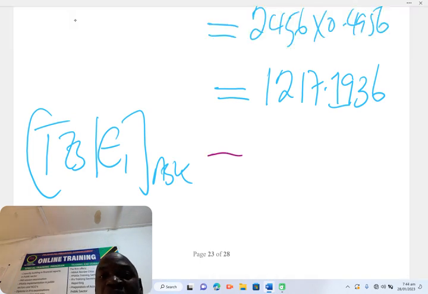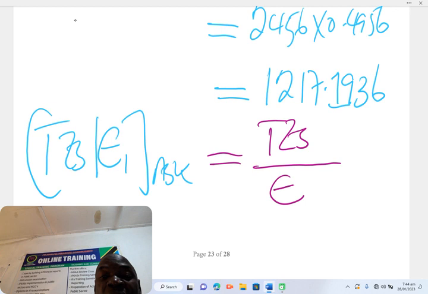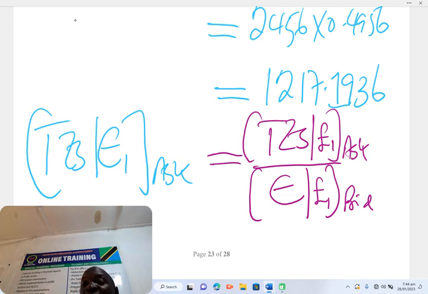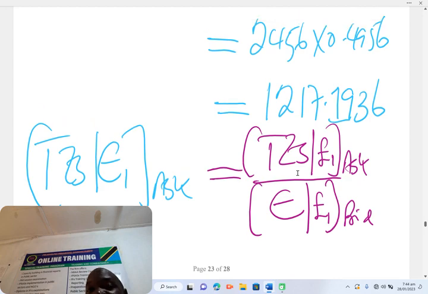You first put a formula: TZS over euro. So divided by pound, the common currency. But what changes here is ask over bid. Am I clear? So look for Tanzanian shillings stroke pound ask.